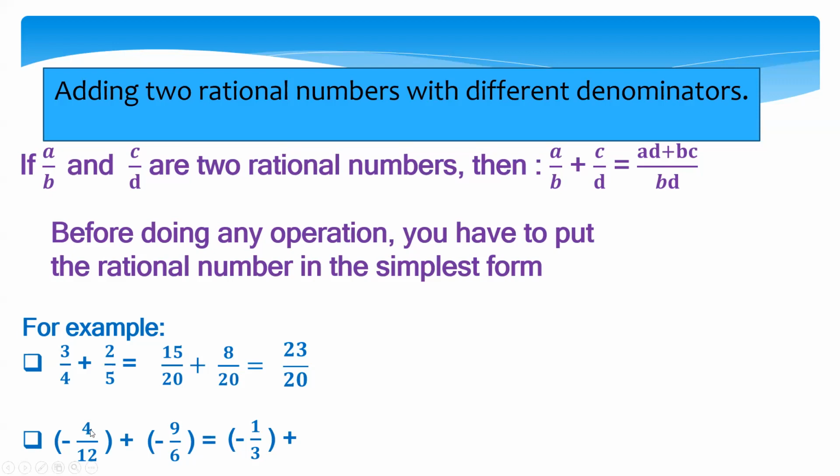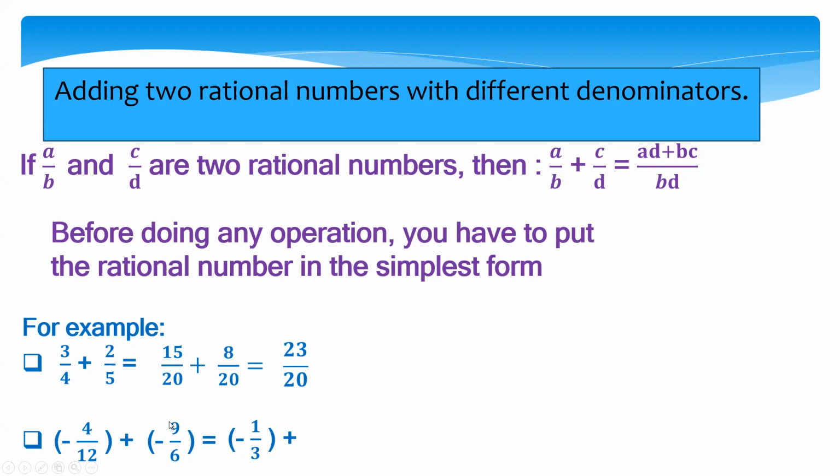Negative 4 divided by 4 will be 1, and 12 divided by 4 will be 3, so negative 1 over 3. The second rational number is negative 9 over 6. I will check. Do I have any common factor between them? Yes, I have a common factor between 9 and 6.